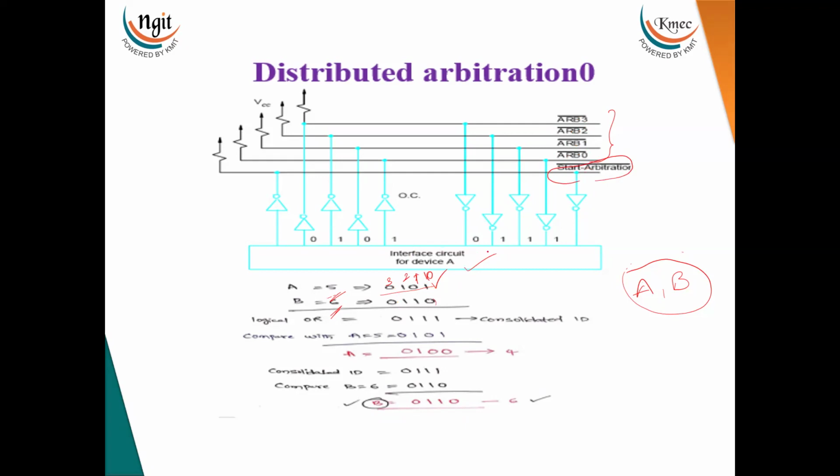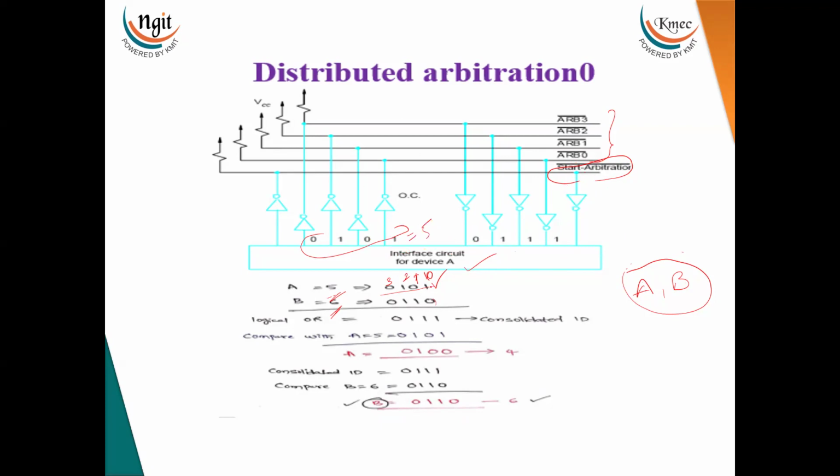When both devices need the bus control, they place their IDs onto this arbitration line, and the competition starts by sending the start arbitration value. Here A is placing the ID 0101, which is 5.